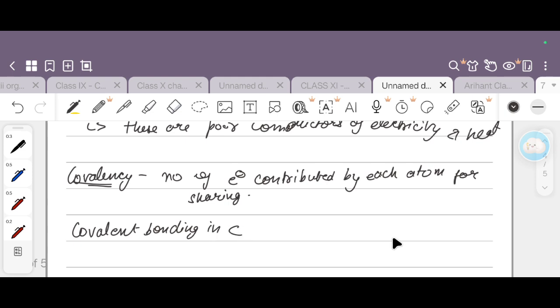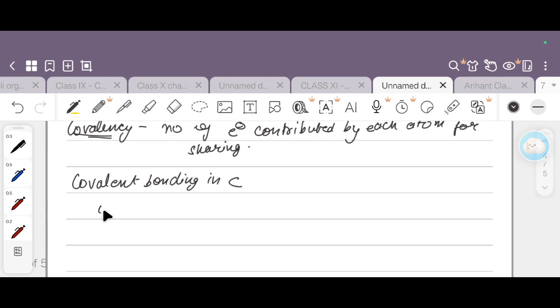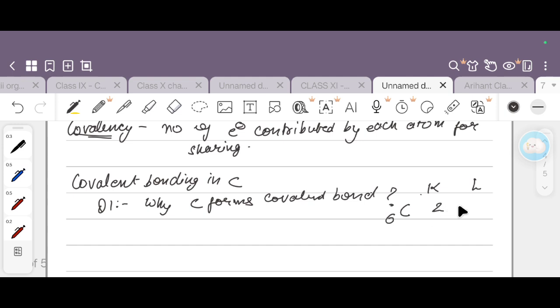So the first question that arises in our mind is why carbon forms covalent bond. So the answer is that, as you know, there are four electrons in the outermost shell. If we see the configuration of carbon, the atomic number of carbon is 6 and the shell configuration is 2 and 4. Here 4 electrons will be needed to make this a stable configuration.